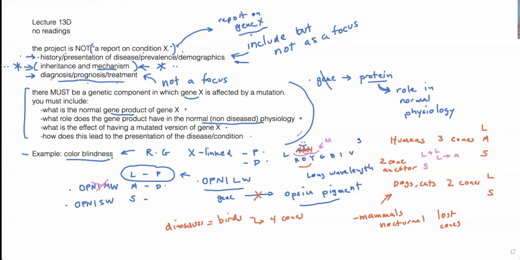Okay. Other things that we've already talked about in past classes is how this is carried on the X chromosome. Being on the X chromosome, it's going to be far more prevalent in males because males being X, Y, are going to have just one copy. If you have the mutated version of the X chromosome, you will be displaying color blindness, right?